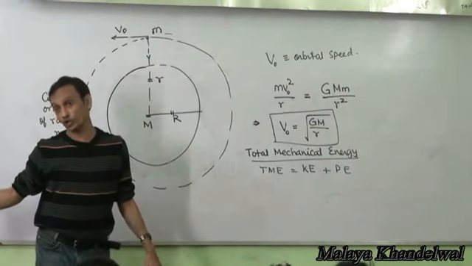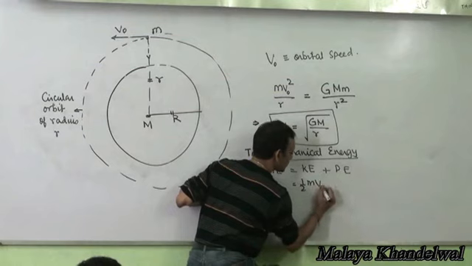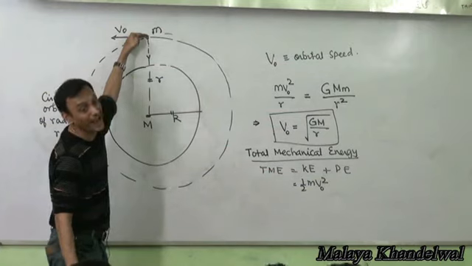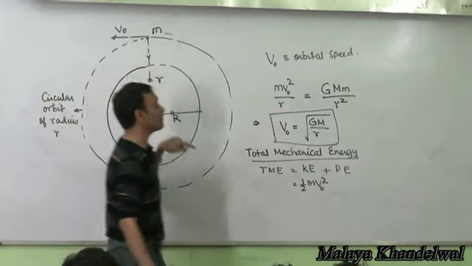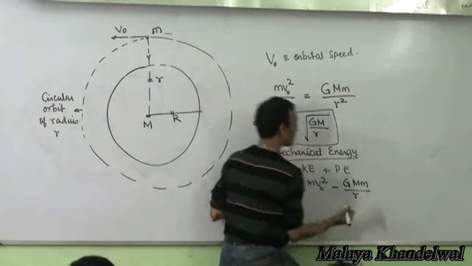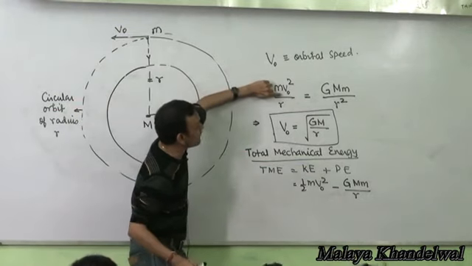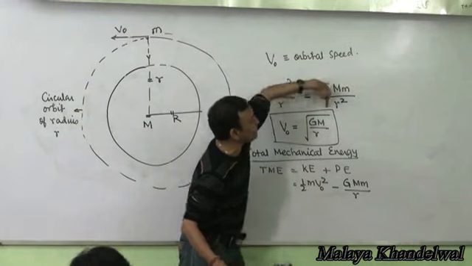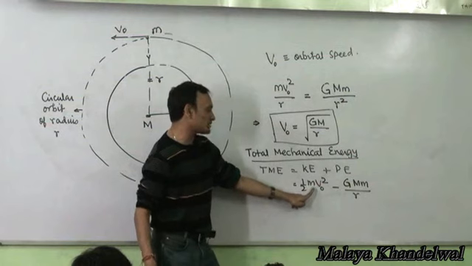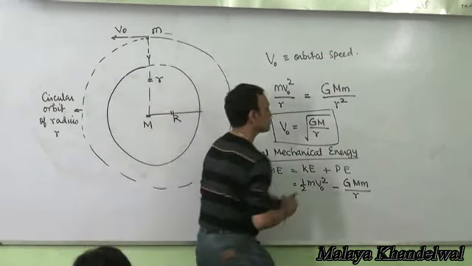Kinetic is half m v0 squared, where v0 is the orbital speed, and potential energy is minus G capital M small m by small r. But m v0 squared is G capital M small m by small r. So this is half G capital M small m by small r.